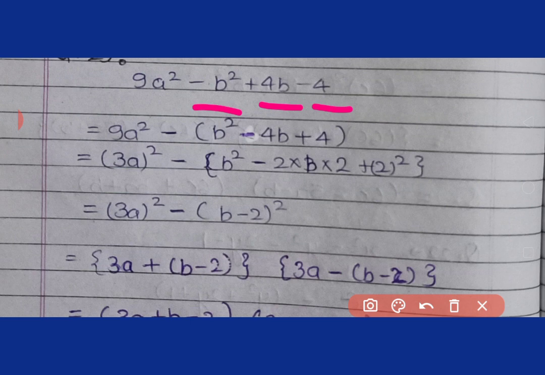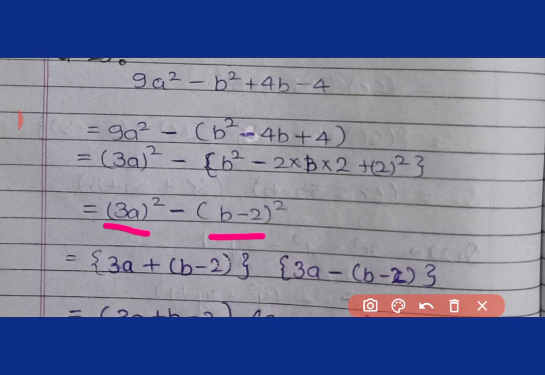Now 4 is the square of 2, and 4b is broken in the form of 2 into b into 2. So as we can determine, this is a square minus 2ab plus b square, so it can also be written in the form of (a minus b) whole square. So it is written in the form of (b minus 2) whole square, and 9a square changes into the form of (3a) whole square.